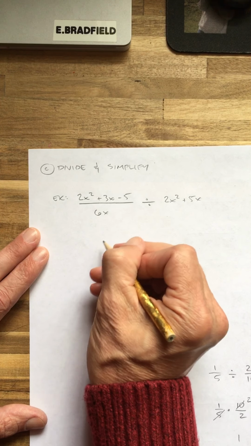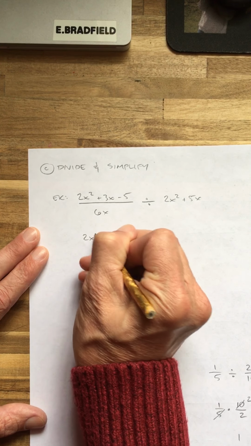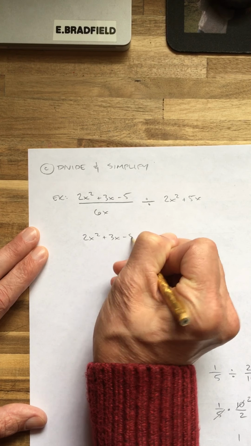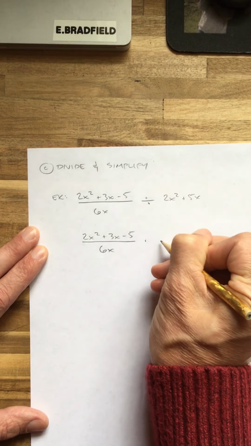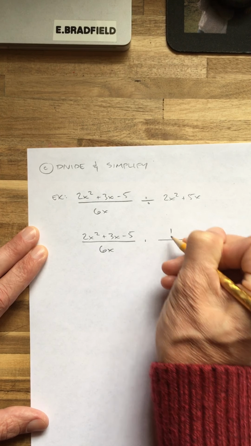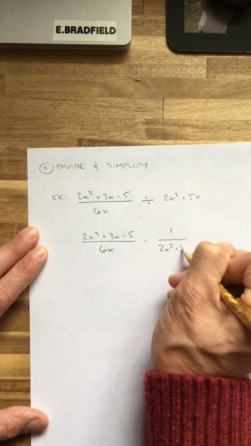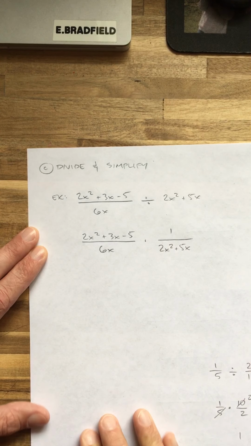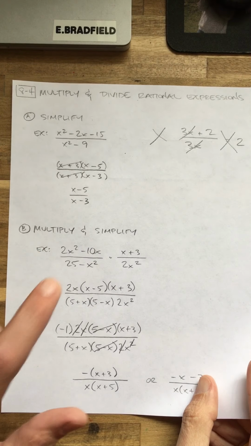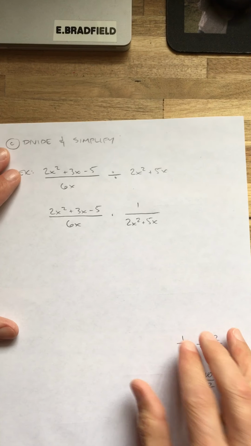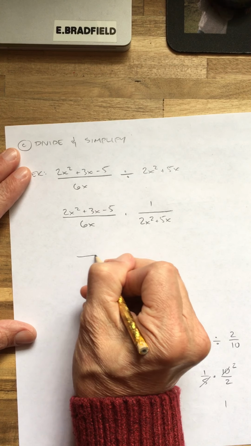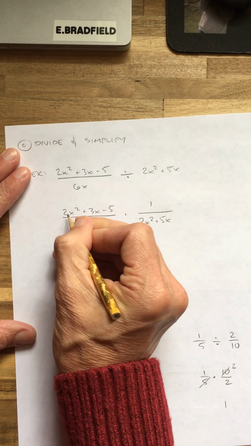So now watch this. I'm going to write this as 2x squared plus 3x minus 5 over 6x. I'm going to change this into times, and then I'm going to flip this so it's 1 over 2x squared plus 5x. Now, follow the steps from part B. Multiply and simplify. So here we go. I'm going to make one division bar. This is a trinomial.